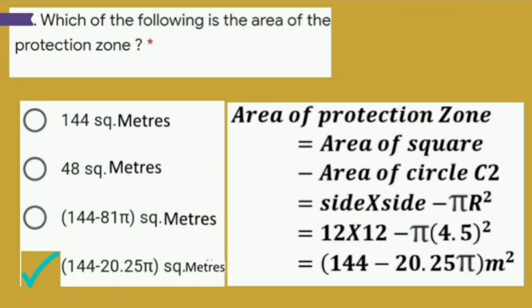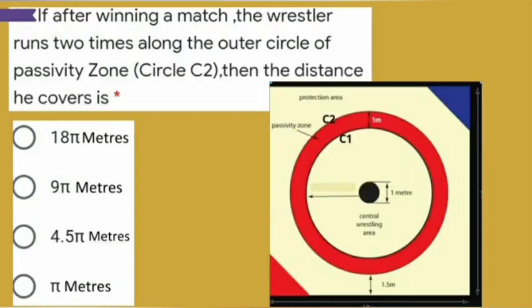So the area of the protection zone is the area of the square minus the area of circle C2. So it is side square minus pi r square, here the radius being 4.5 meter. We don't have to do the total calculation over here, because we quickly get the correct answer as has been marked given as an option in the multiple choices. So we have 144 minus 20.25 pi meter square.